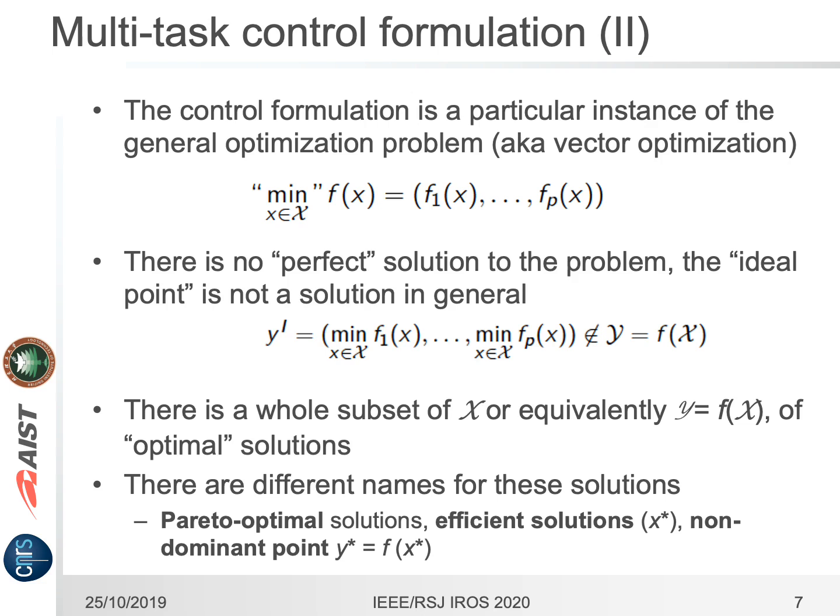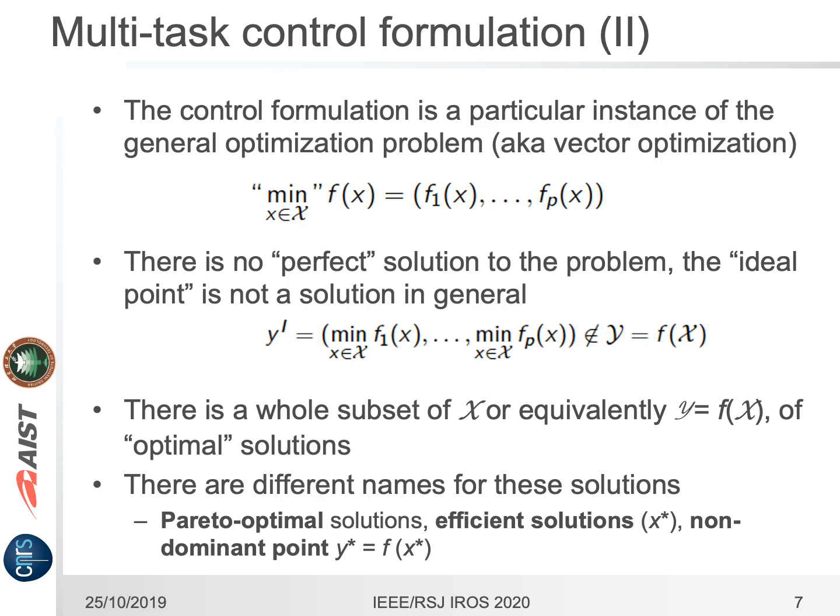The control formulation is a particular instance of the following general optimization problem. There is no perfect solution to this problem. The ideal point is not a solution in general.